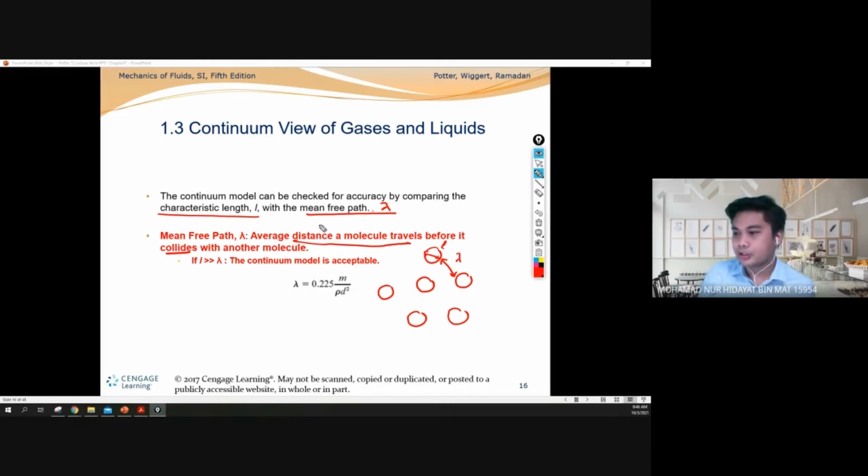Okay, so it means that if the L, the characteristic length, is far bigger than the lambda here, we call it the continuum process. I give you two cases to understand. This is the case where L is bigger and bigger than lambda.